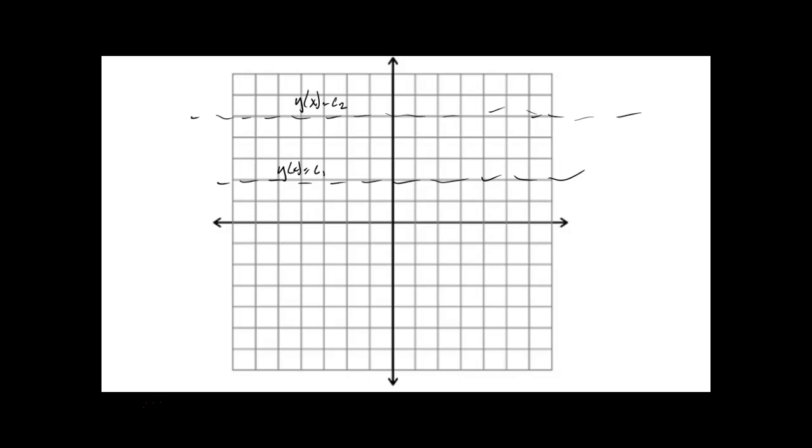The y's are 0 at C1, the y's are constant at C1 and C2. The slope of your differential equation, dy dx, is equal to 0 at those two values, okay?